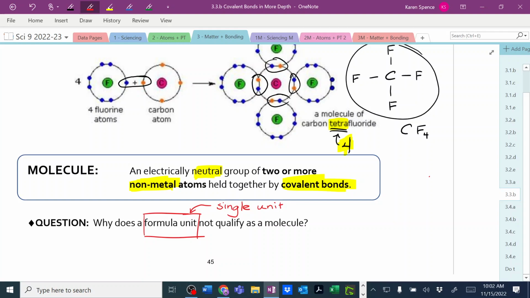It is the smallest piece of an ionic compound that you can have. Yes, but it has to be an ionic compound.